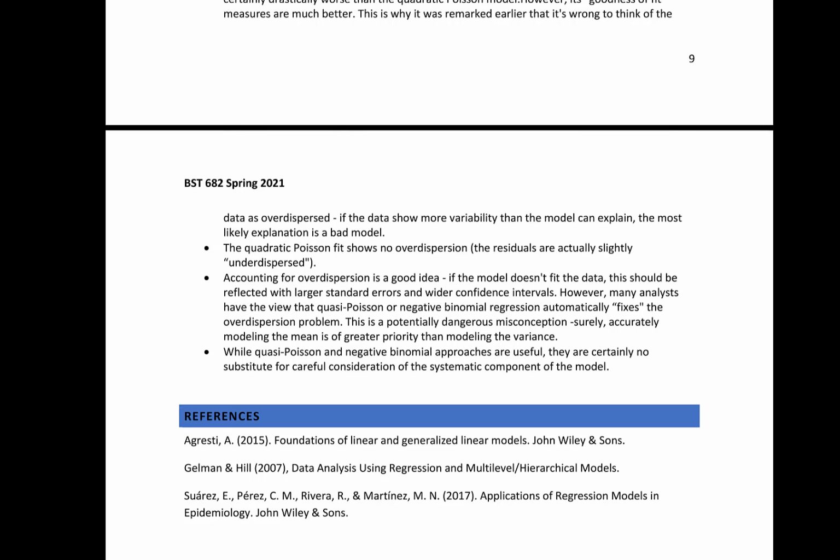This should be reflected with larger standard errors and wider confidence intervals. However, many analysts have the view that quasi-Poisson or negative binomial regression automatically fixes the over-dispersion problem. This is a potentially dangerous misconception, since accurately modeling the mean is of greater priority than modeling the variance. And so again, we always want to be critically thinking about what it is that we're doing.